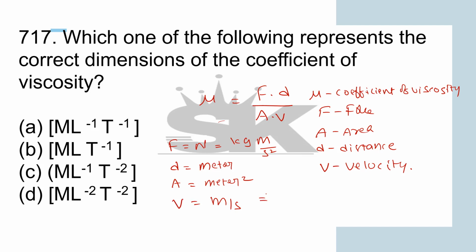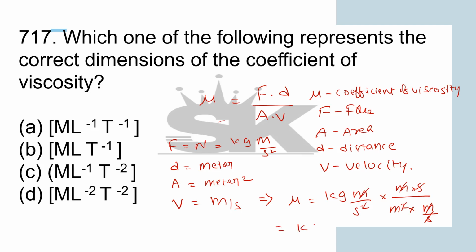So by combining all these, force is kg meter per second square into d is meter, divided by A into V. A is meter square into meter per second. So in the denominator the value will go to the top. So we will cancel; the s square gets cancelled, and here one is there.